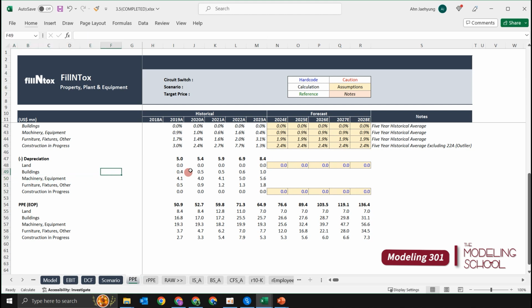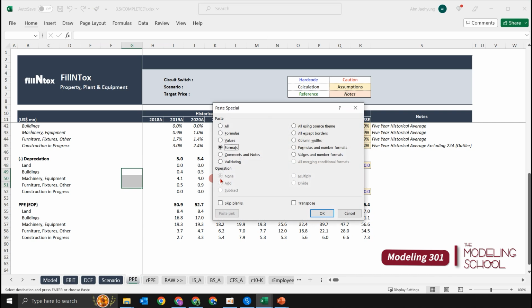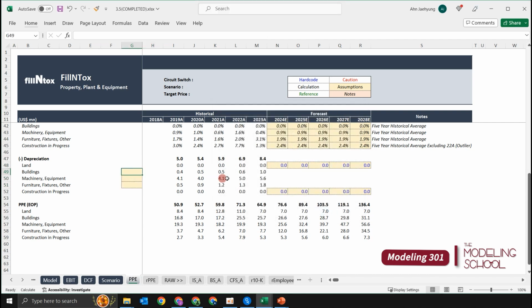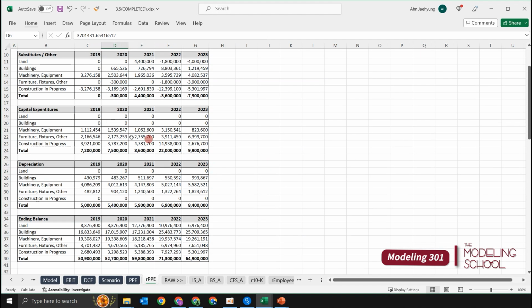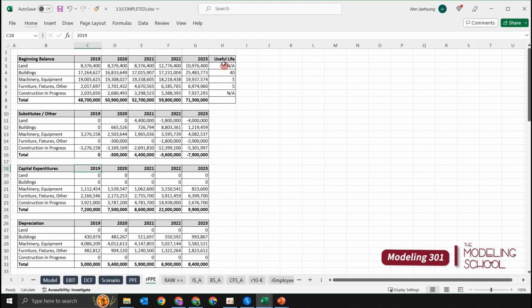Okay, and then for buildings, machinery, and furniture, we're going to make a depreciation waterfall. First of all, let's add a useful life assumption right around here. So let's copy and paste one of these formulas, and we have our useful life assumptions in our PPE raw data.